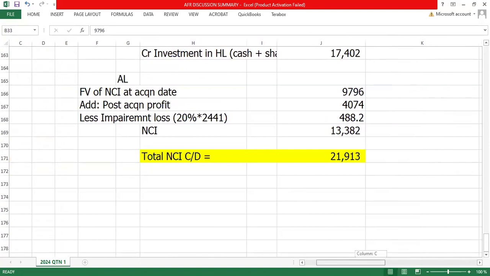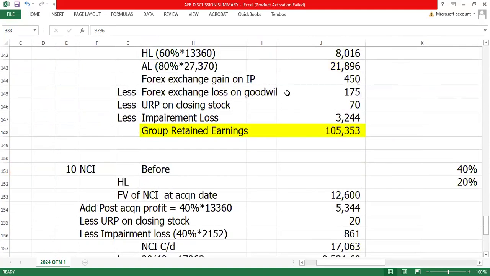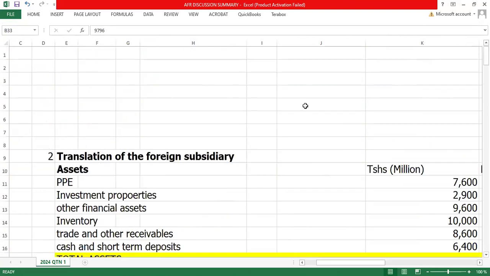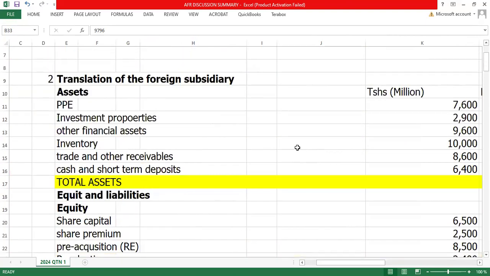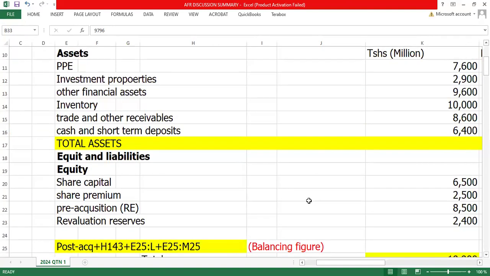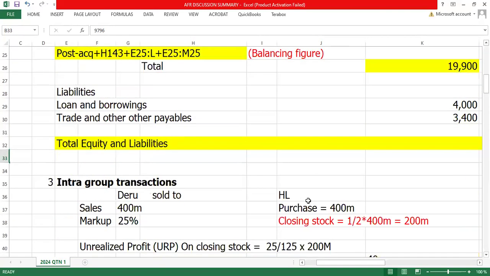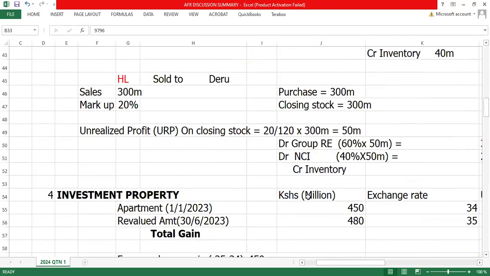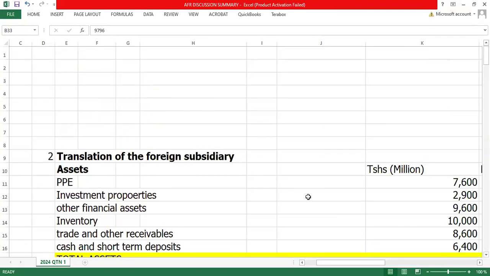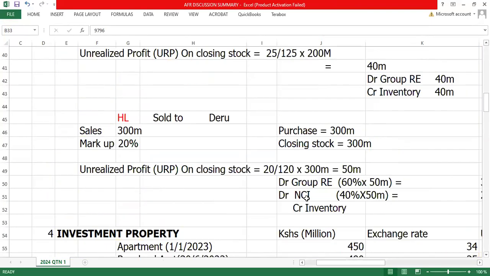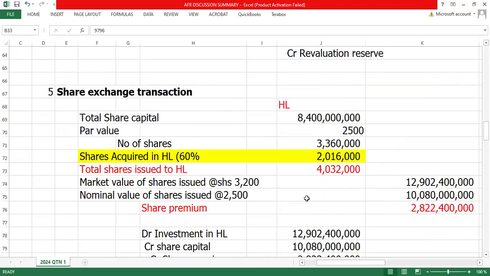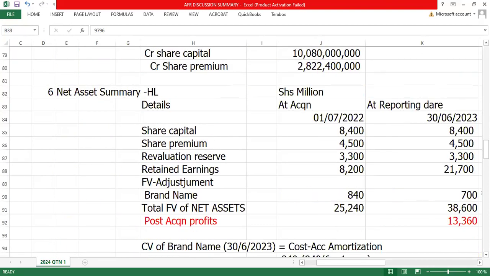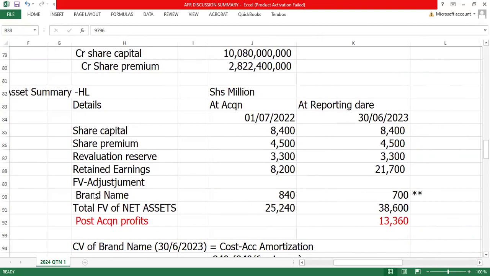So that's all. But there is something that we have not tackled here. When you look at our net asset summary, here we recorded brand name.